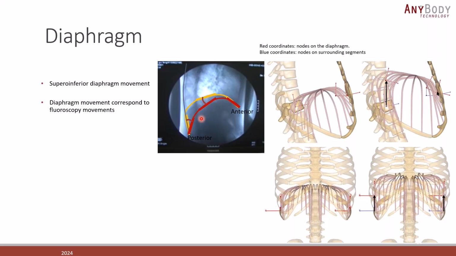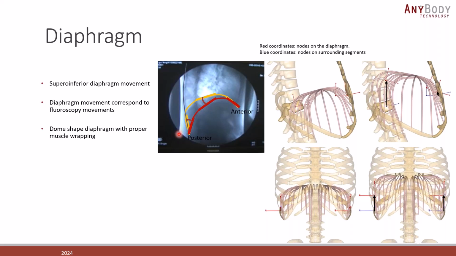The red one is when the diaphragm is at the bottom, and the yellow one is when it is at the top. You can see that in the anterior part it doesn't move a lot, but in the posterior part it moves much more, which is the same in the model as well. I may have moved the diaphragm too much here to the top, otherwise it would be almost similar to what you see here.